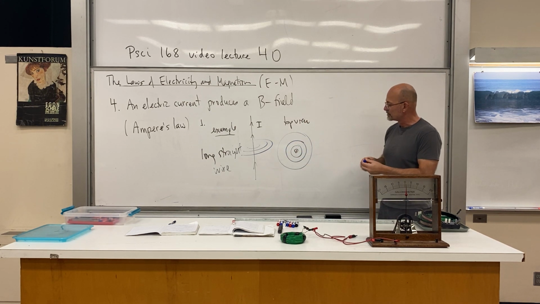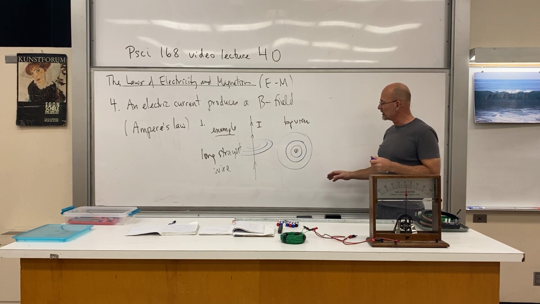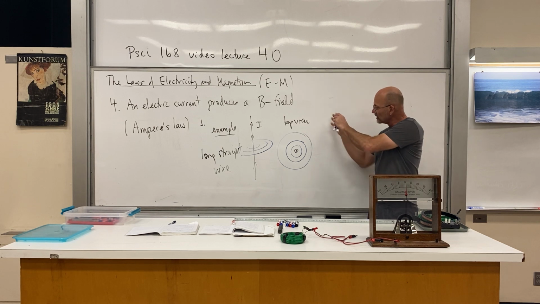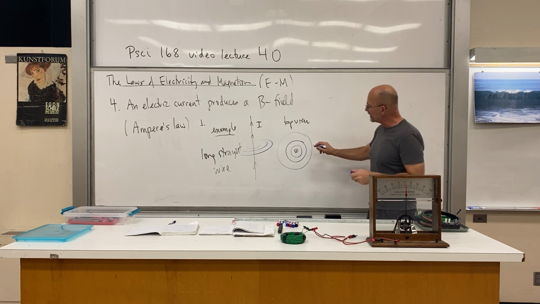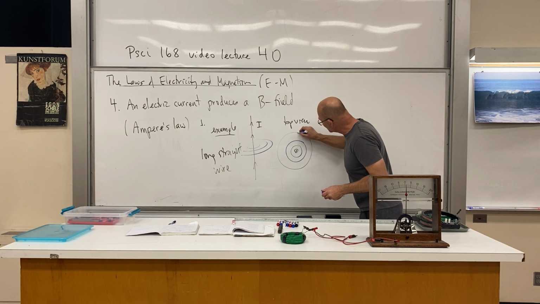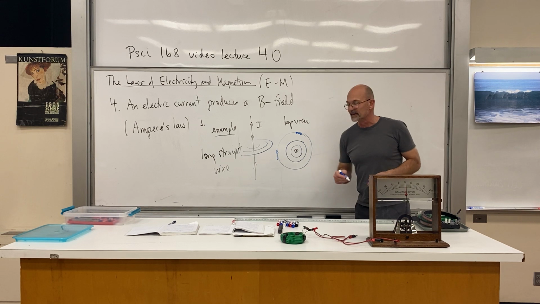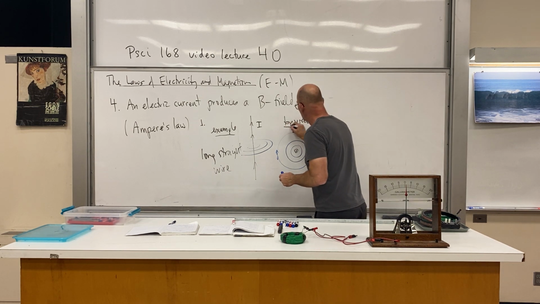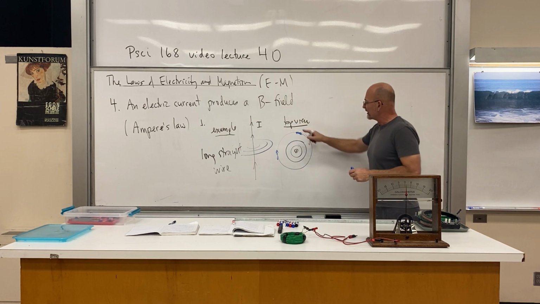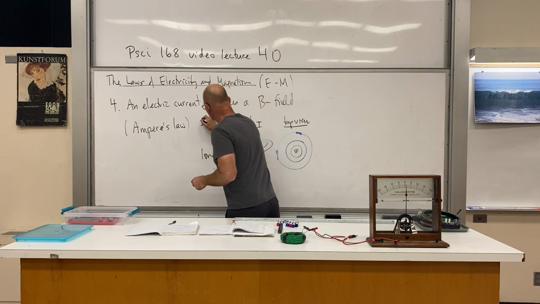And we can sprinkle some iron filings and they will orient in circles. And remember, what this means is if I put a compass needle here, it's going to go in that direction respectively, okay? So that's Ampere's law. That's the top view. And that is the one important example.